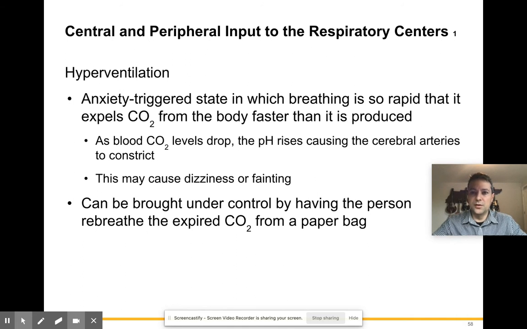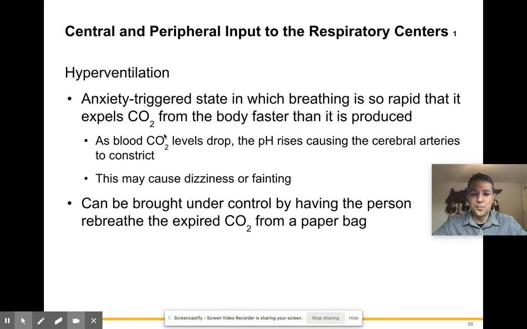People get nervous and start breathing really fast, really shallow breaths. When you do that, you are getting rid of carbon dioxide at a very fast rate. Every time you exhale, you're getting rid of carbon dioxide, so the faster you exhale, the more carbon dioxide you get rid of. That makes sense. Here's what happens.